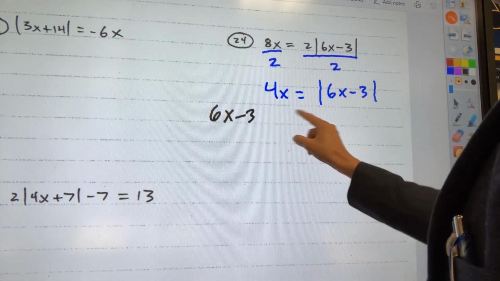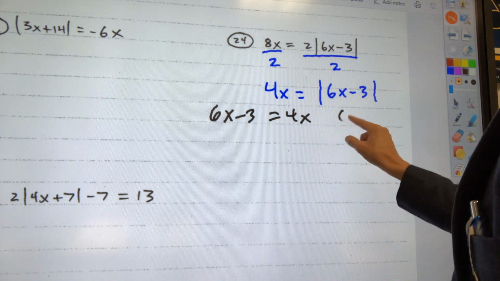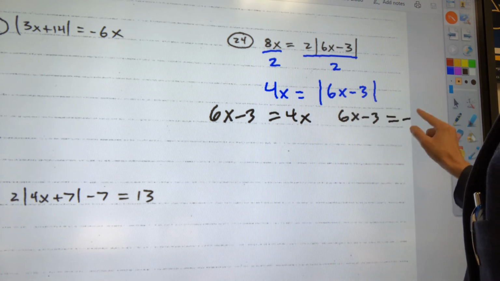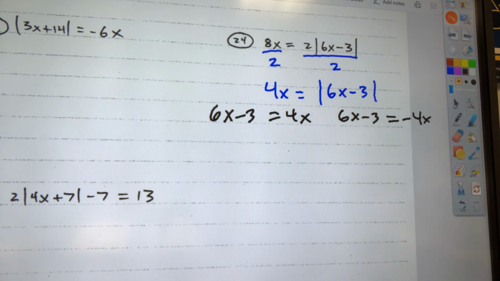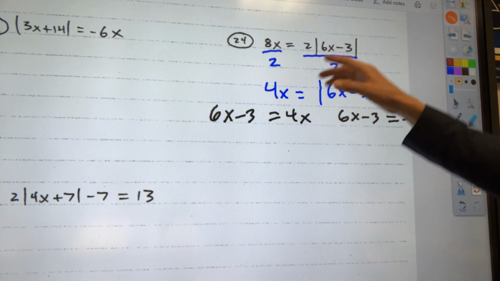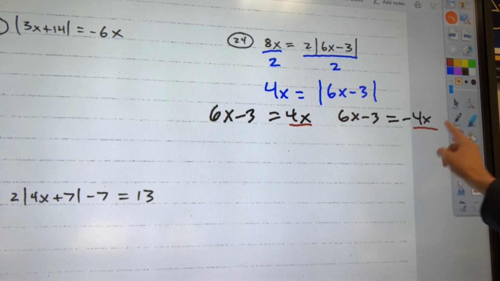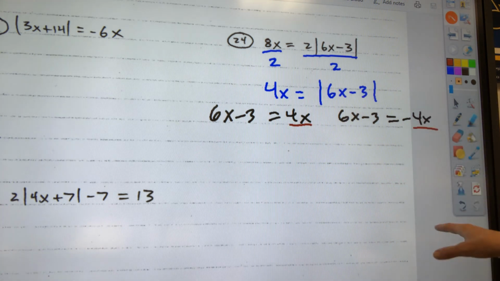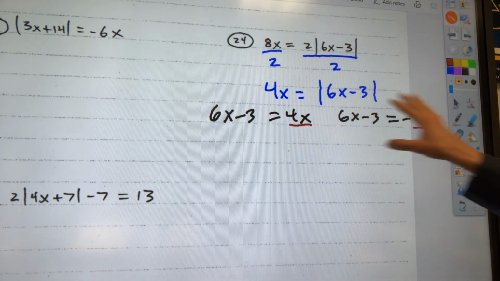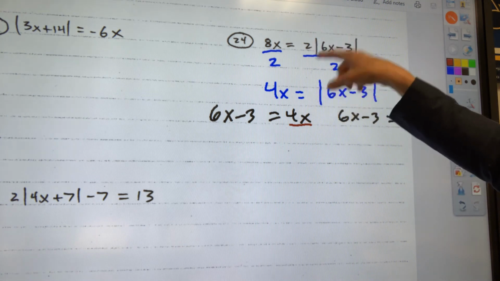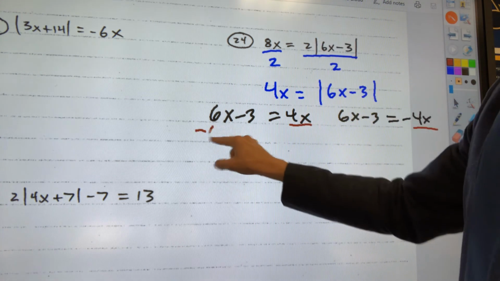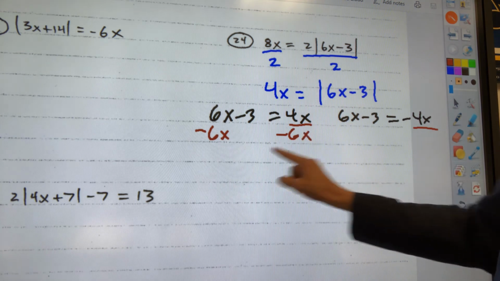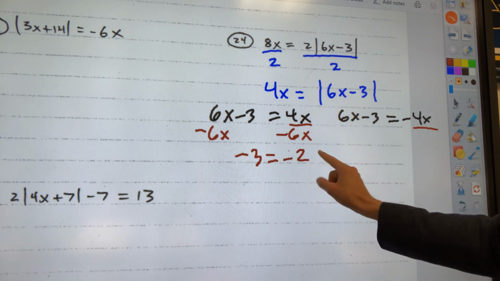I'm flipping it. 6x minus 3 equals 4x, or what's inside the absolute value equals the opposite of 4x. Now, I tell you to move things over to the side that has a bigger x, but in both scenarios, the x is by itself on the right side. So that's going to be the side for the x's. It's already kind of claimed its spot.